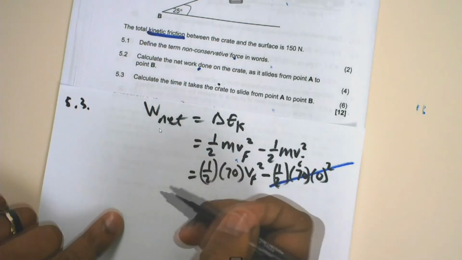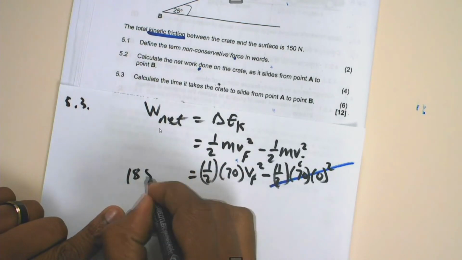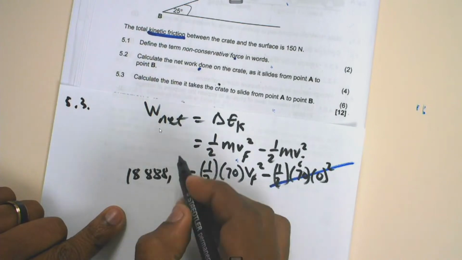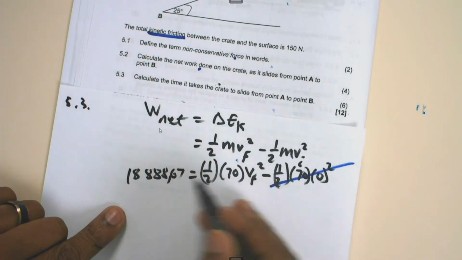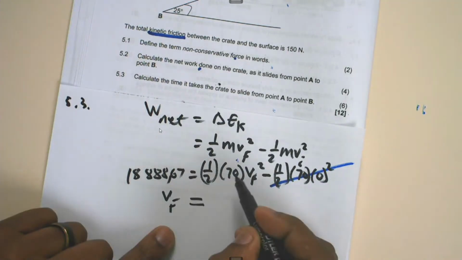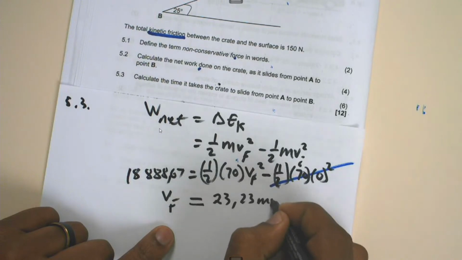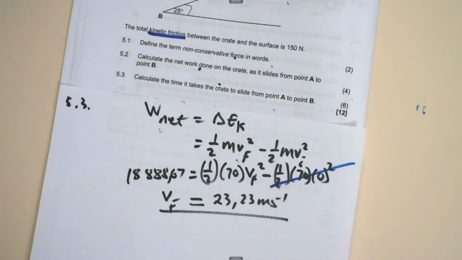Then I have calculated my net work, which is 18,888.67. Then I can do the math and solve for V final, which is equal to 23.23 meters per second.